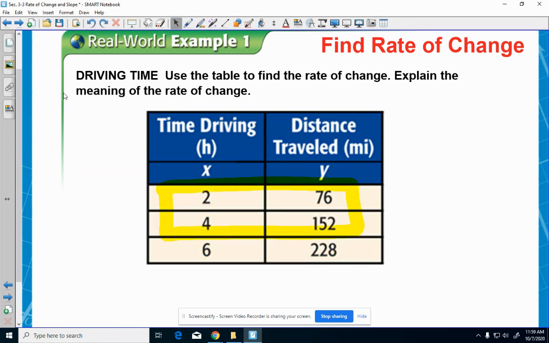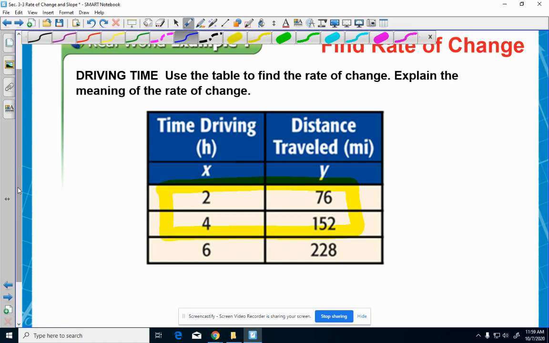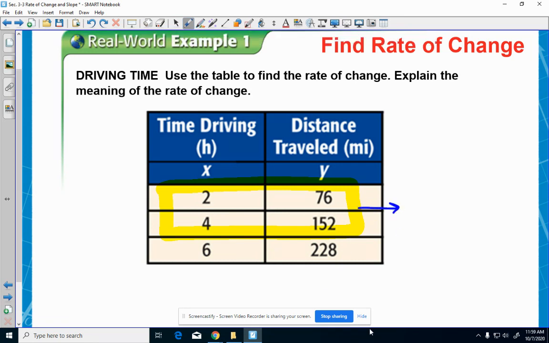So if we come back here for a second and think about that change in y over that change in x, what's the rate of change there? This is why I asked you to have a calculator. You may or may not be able to do that in your head, and either way it doesn't matter. We just want to make sure we can find the answer.